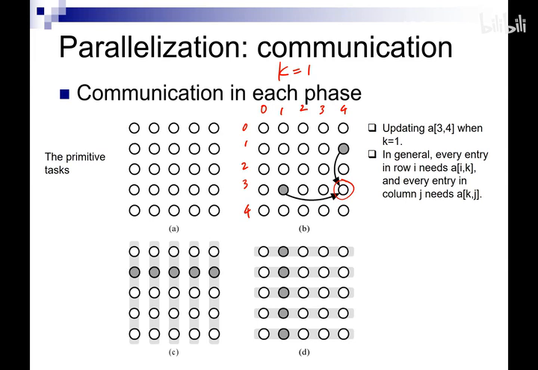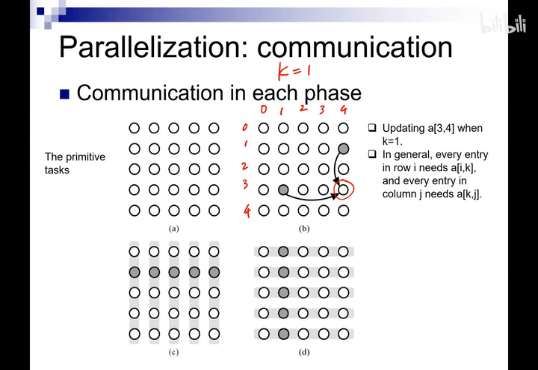Since we're in phase k equals 1, A34 is going to depend on A31 and A14. So you need to send the values of A31 and A14 to whoever's doing this task, A34. That task needs to get these two gray values.